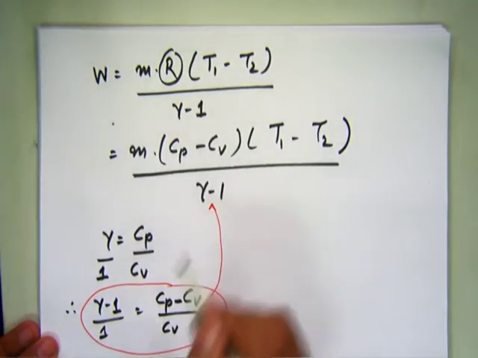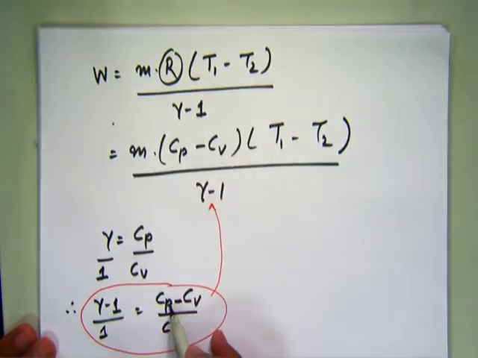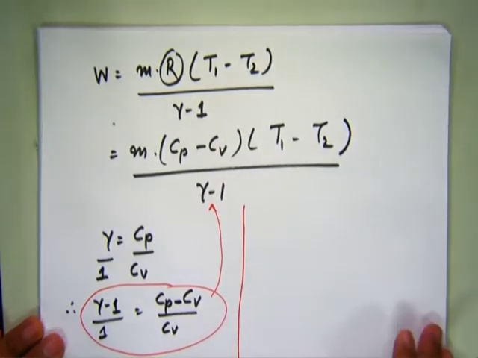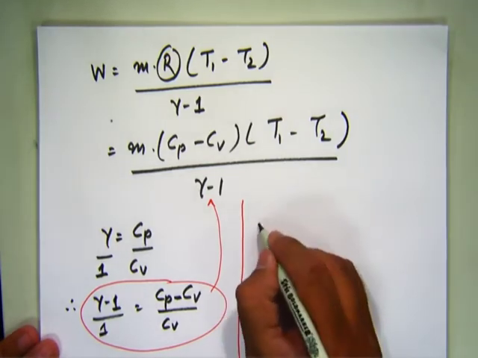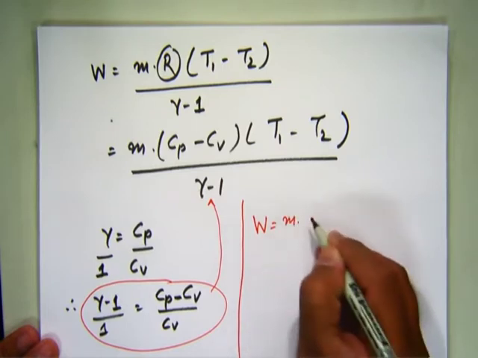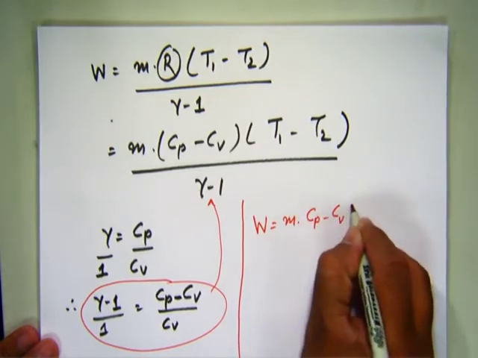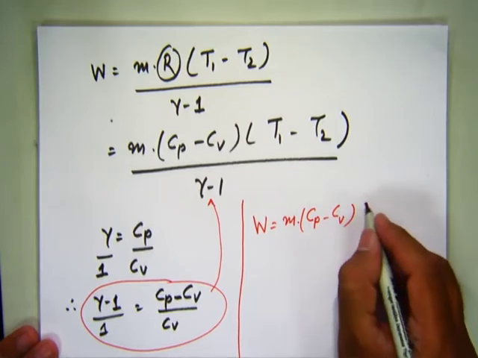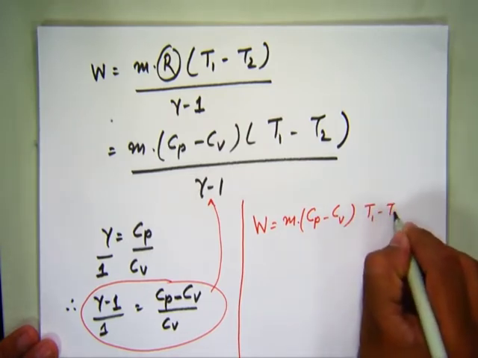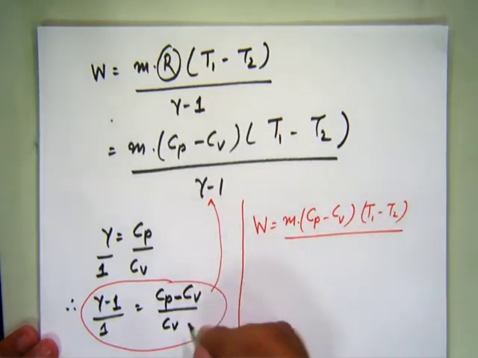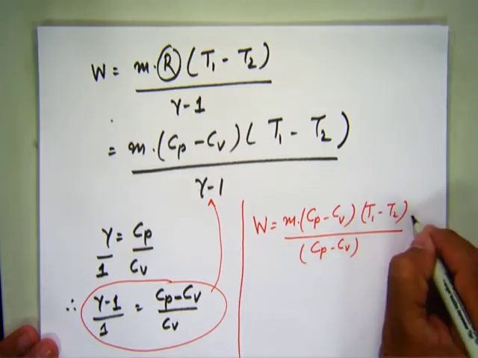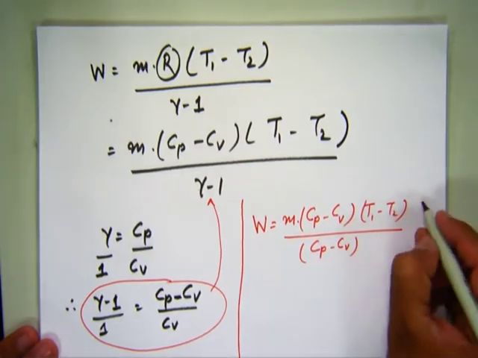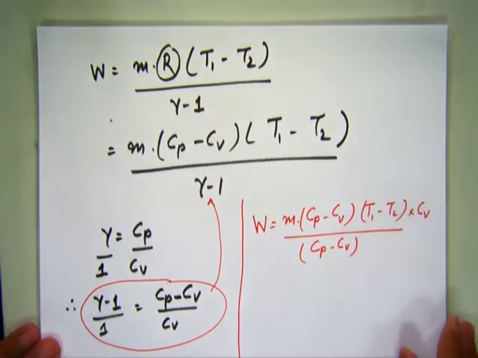Put gamma minus 1 is equal to Cp minus Cv upon Cv. By putting this value over here, we will get work done is equal to m into Cp minus Cv into T1 minus T2 upon gamma minus 1, which is nothing but Cp minus Cv upon Cv. That Cv goes to the numerator.